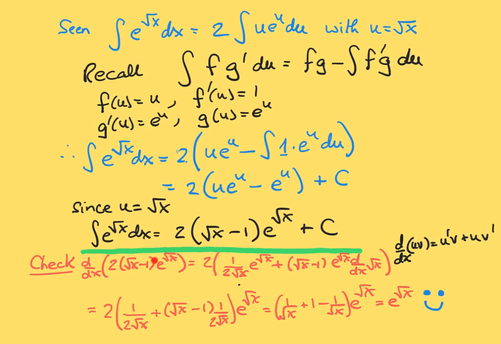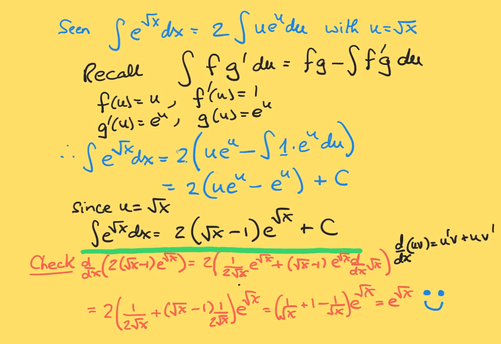Now we're going to differentiate this bracket and multiply it by e to the root x. The derivative of this is 1 over 2 root x, so it's a half, and then it's x to the minus a half, so it's 1 over 2 root x. So that's the first term in the product rule. And then we add the second term, which is this factor, the u here, not differentiated, times the derivative of e to the root x.